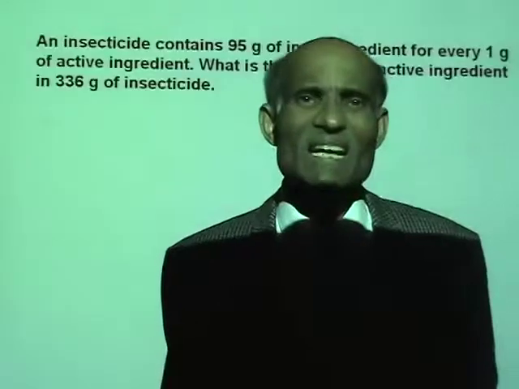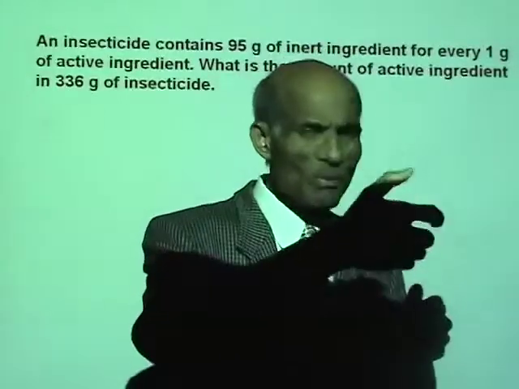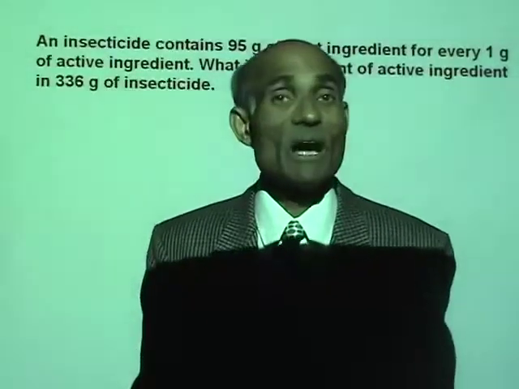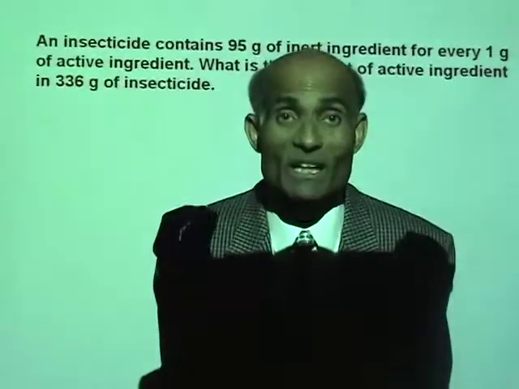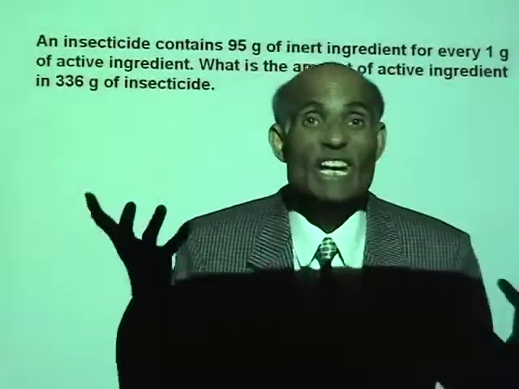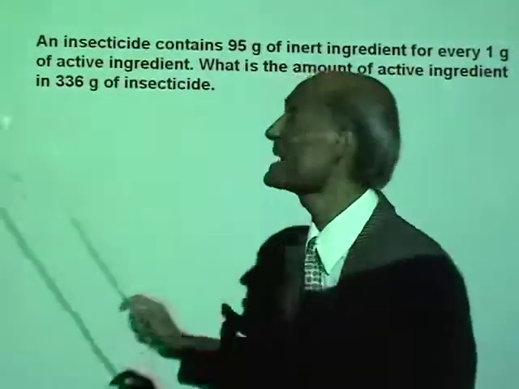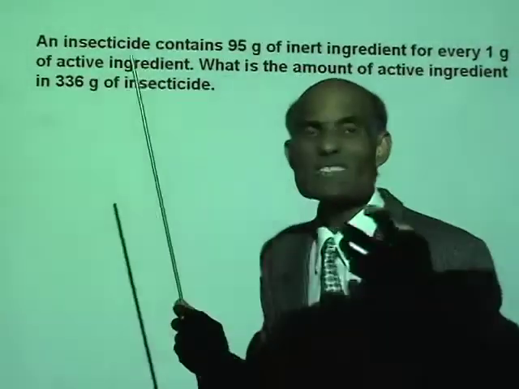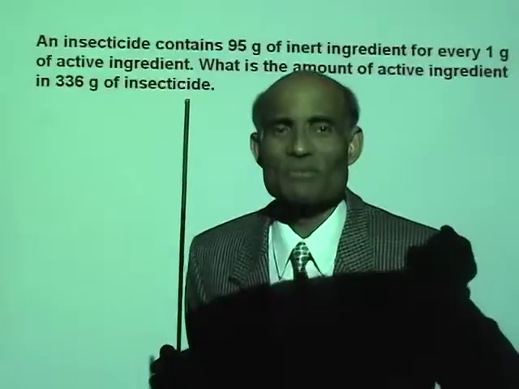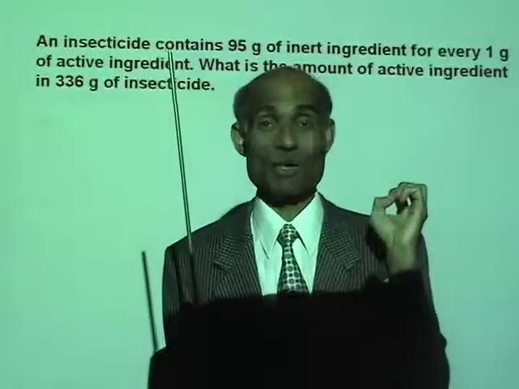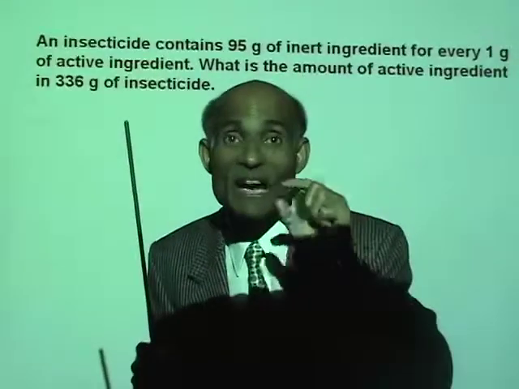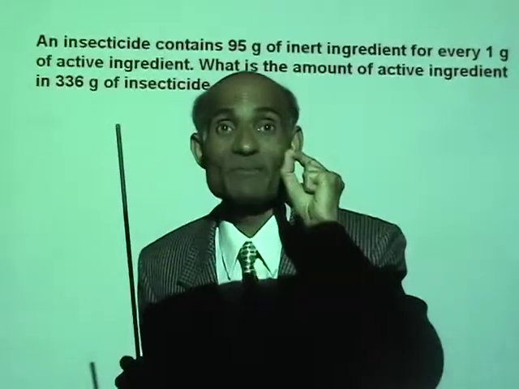If you know what an insecticide is, something that you spray for killing the ants. Now, most of that is simply water or something that will not kill the insect. That is inert. Inert is something that is not active. The active, or the medicine, or the poison, if you want to call it, inside that is only a small quantity.